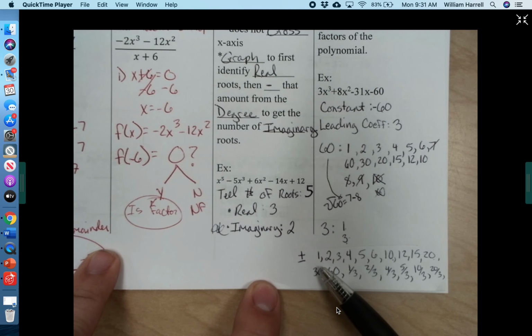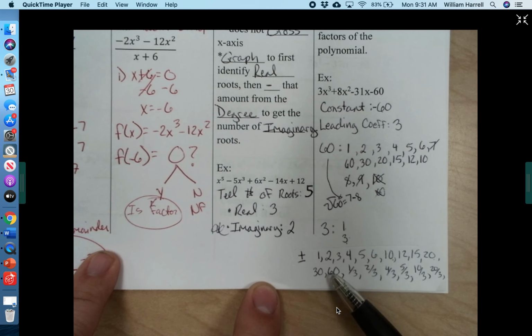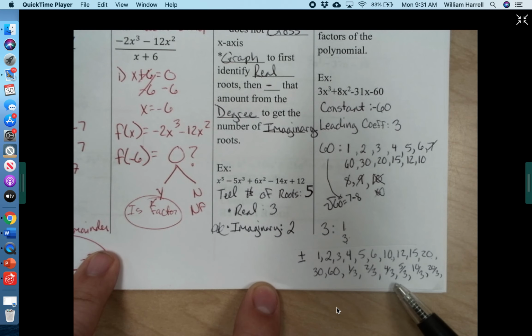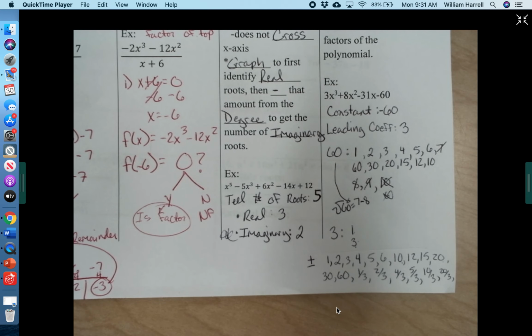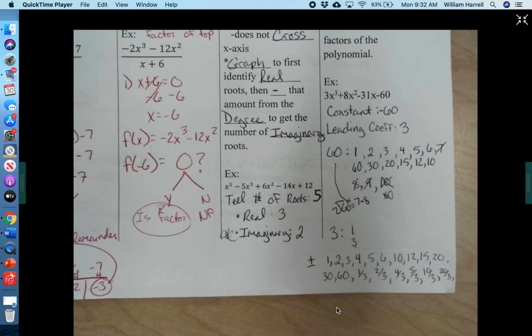Well, I have 1, 2, 3, 4, 5, 6, 7, 8, 9, 10, 12, 14, 15, 16, 17, 18 possibilities. Okay. Now, 1 may work, 2 may work, 3 may work. The end goal here is not to waste our time and test all of these. Okay. This is where I'm saying you can shortcut these things.